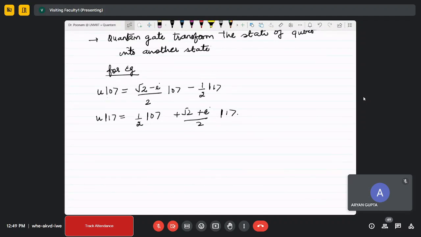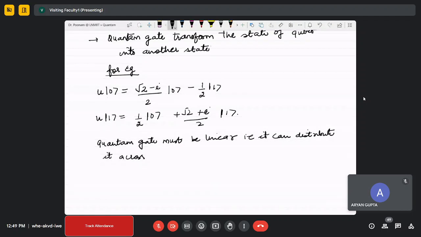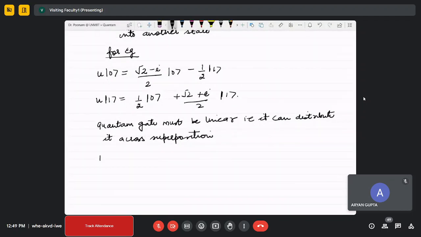First of all, let's understand the condition for a quantum gate. A quantum gate must be linear, that is, it can distribute across a superposition. What does it mean?